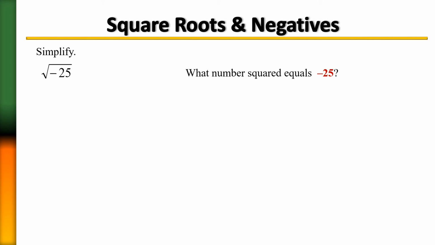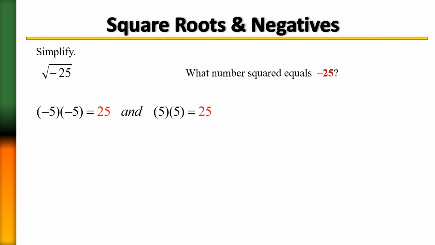You might think it equals negative 5, but negative 5 times negative 5 equals positive 25, and it still does not equal negative 25. A square root means you're looking for a number that, when you square it, equals the number under the radicand, which in this case is negative 25.